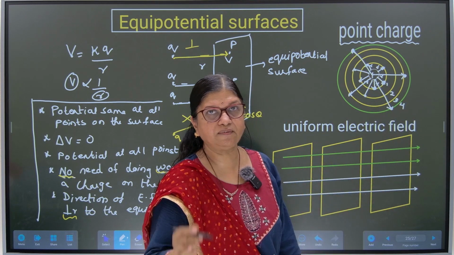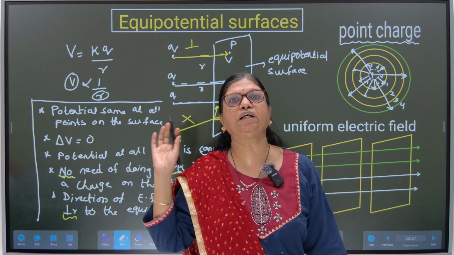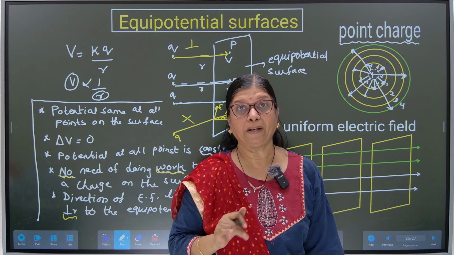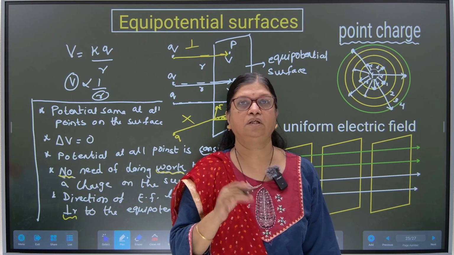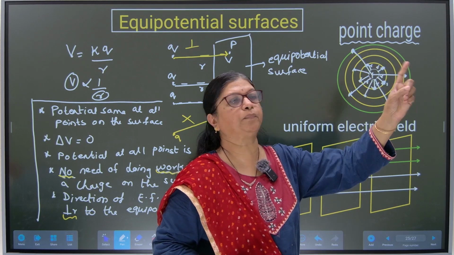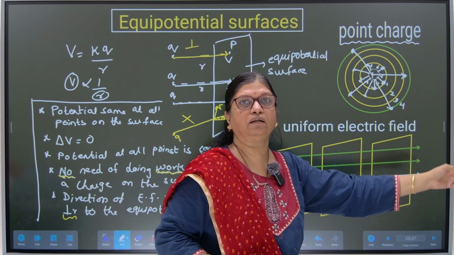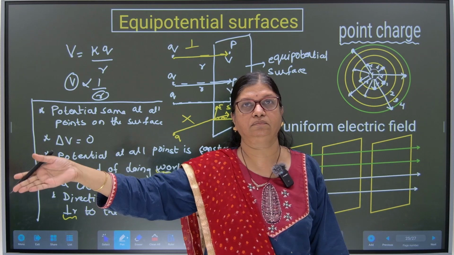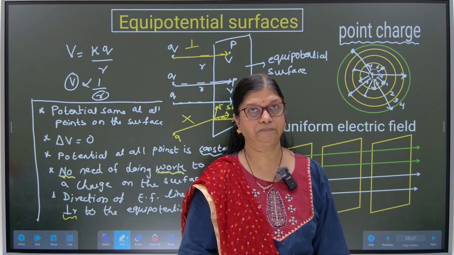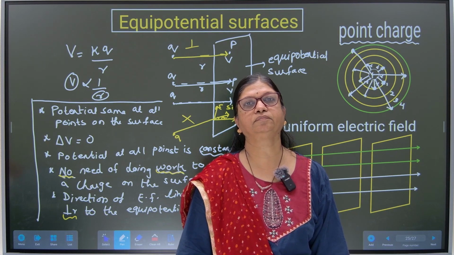The value of potential will be different on each surface. Yes, it will be different. Why? Because R is different. The radius is different for every concentric circle. But on the same circle, potential will be the same. Potential will be the same on circle number 1, on circle number 2, on 3, on 4, separately, but will be different from each other. I hope I am clear. Fine? Agreed?